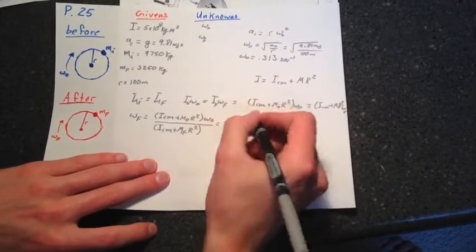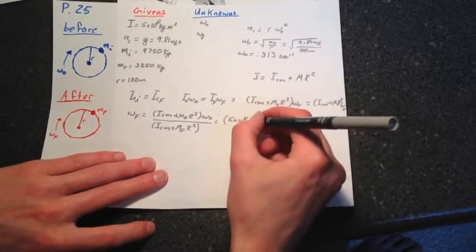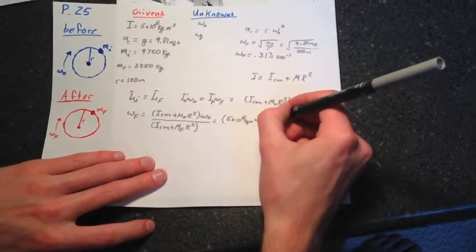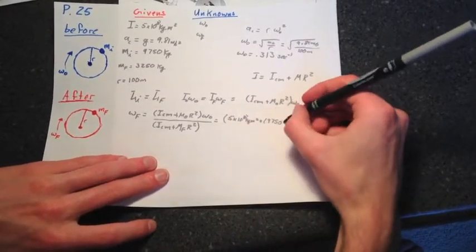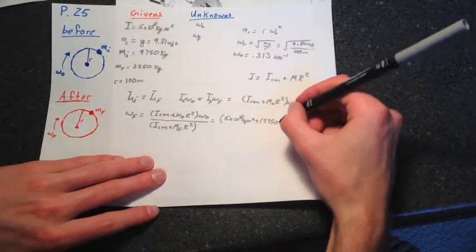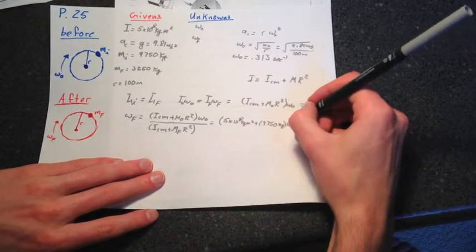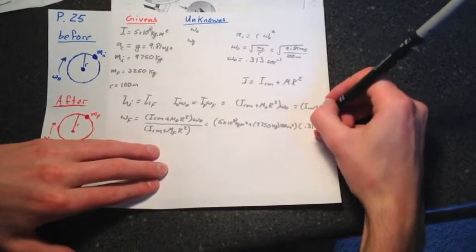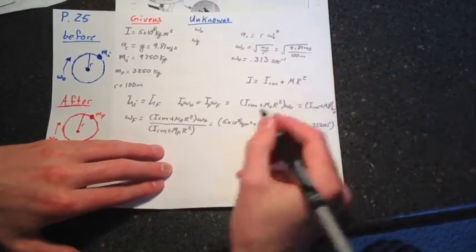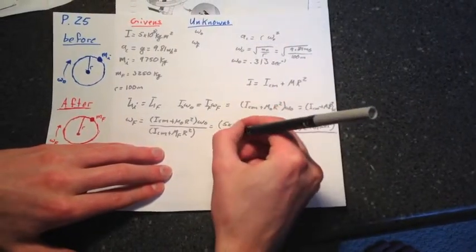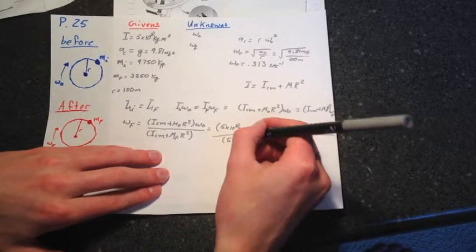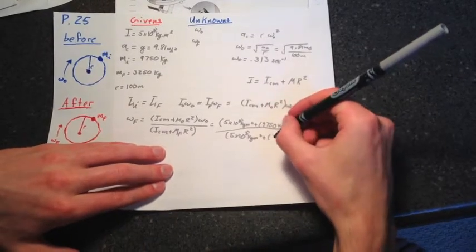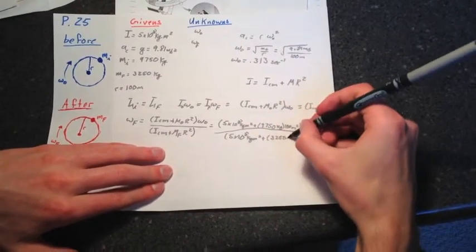We have our 5 times 10 to the 8th plus our mass initial, which is 9,750 kg times 100 meters squared times our omega naught, which is 0.313 seconds inverse, all divided by 5 times 10 to the 8th kilograms meters squared plus our mass final, which is 3,250 kg.